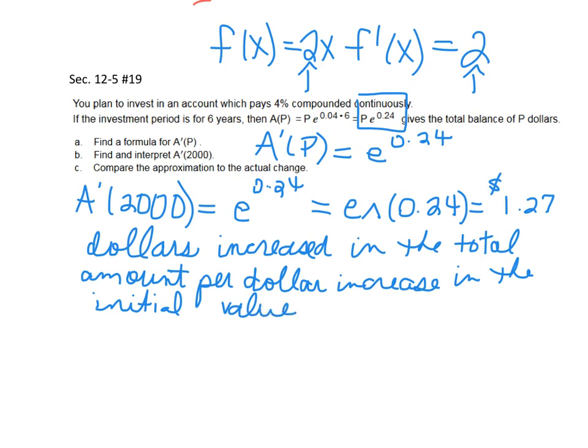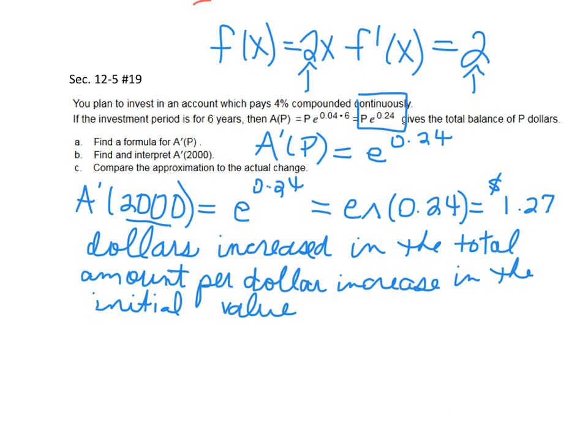In other words, when the initial value goes from 2000 to 2001, you're going to get a $1.27 increase in the future value for every dollar that you increase the initial value. And that's because your interest is continuously compounding.